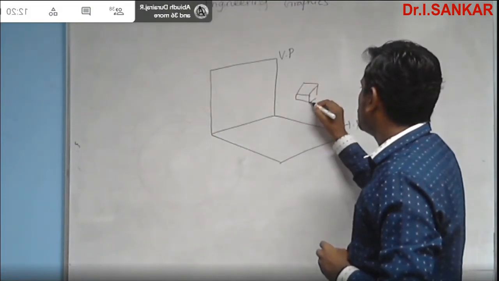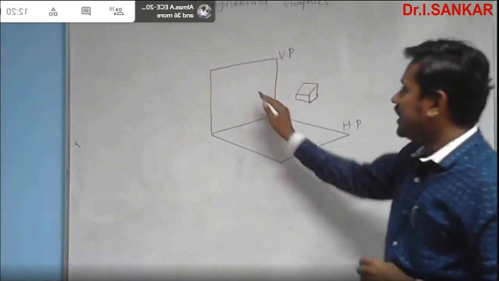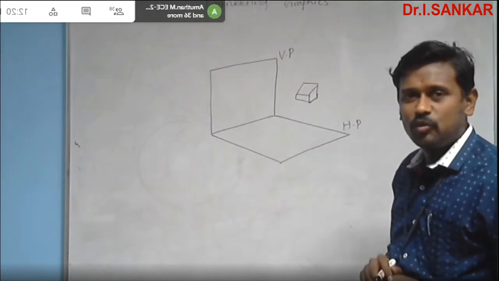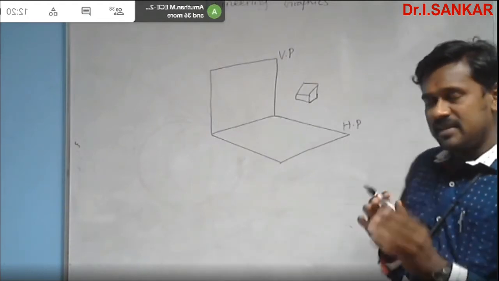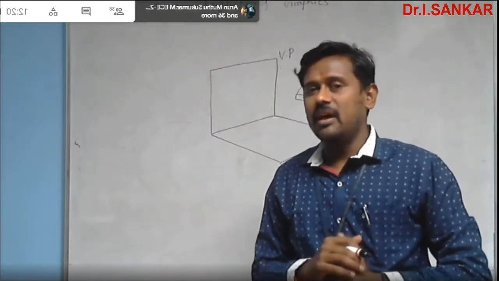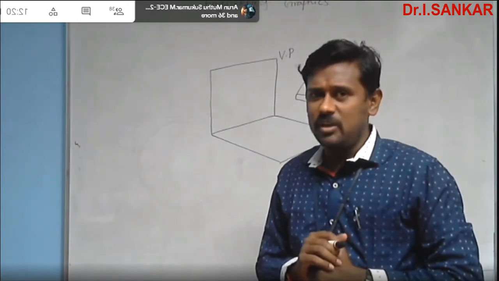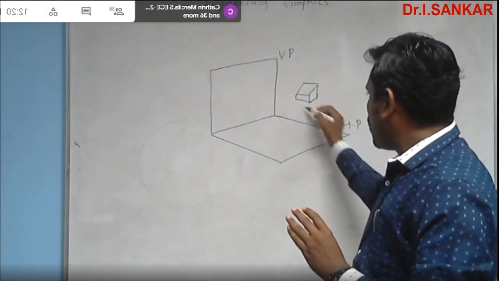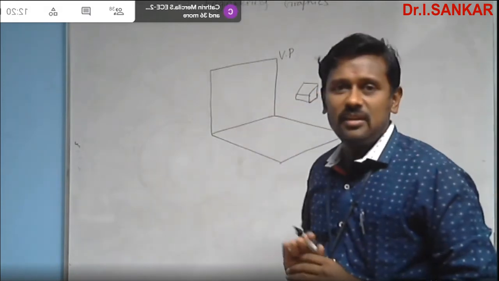If I am assuming an object here, then I can get the two views of the object. So what is the action of projecting an object? Projecting an object is nothing but making the view of the object on the screen as a 2D view.